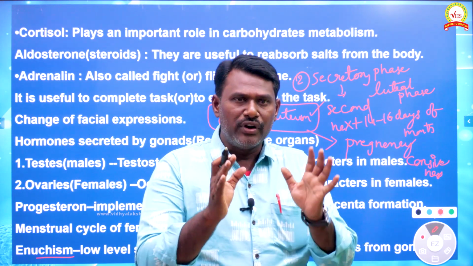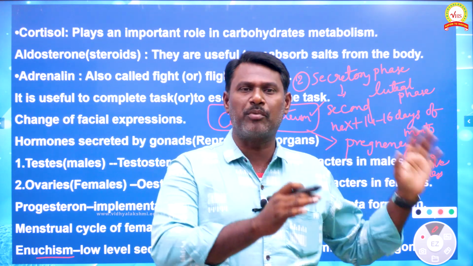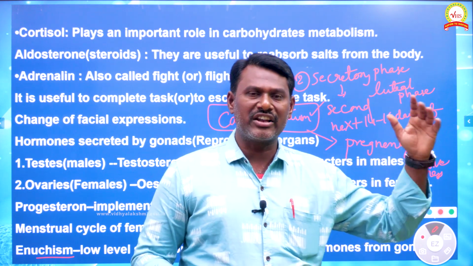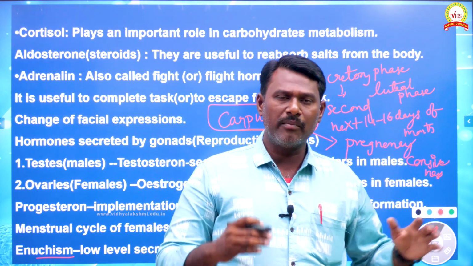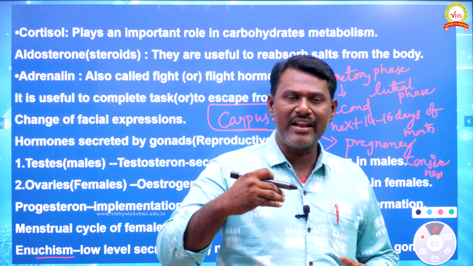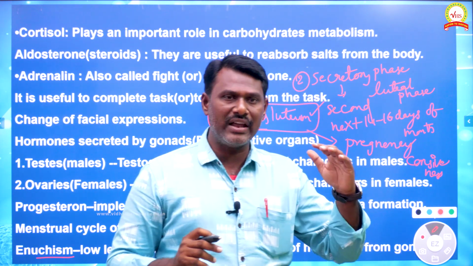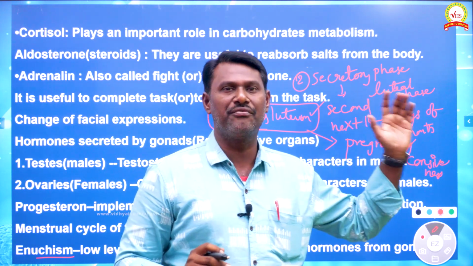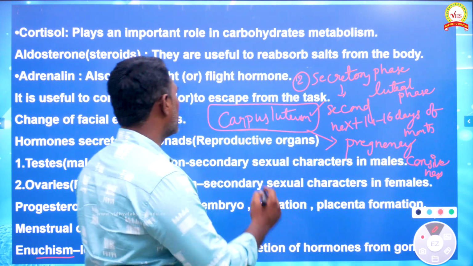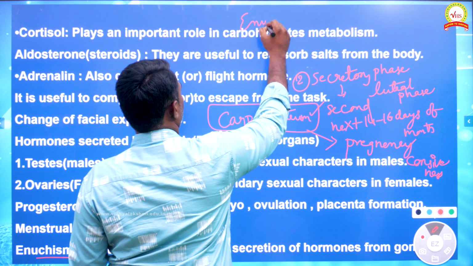Suppose testosterone is not secreted properly, or there is low-level secretion of testosterone. Then males lose their capability to develop secondary sexual characters, and in that situation they behave like females. That condition we can call eunuchism.